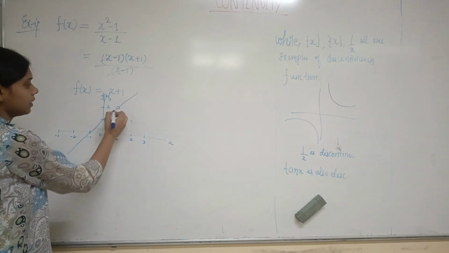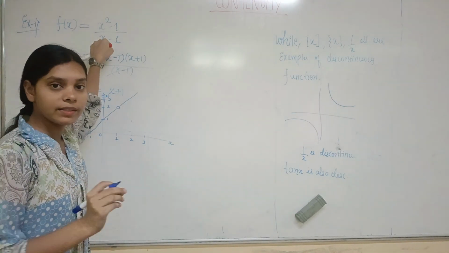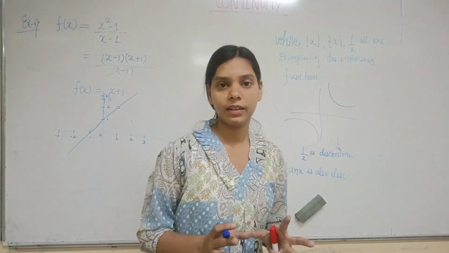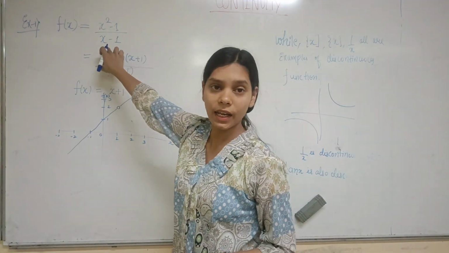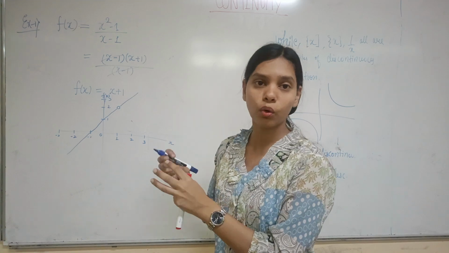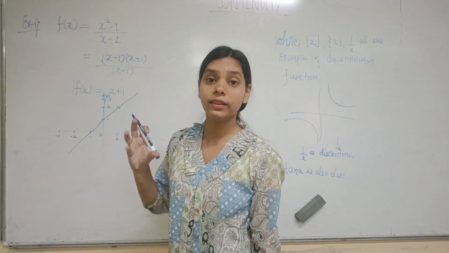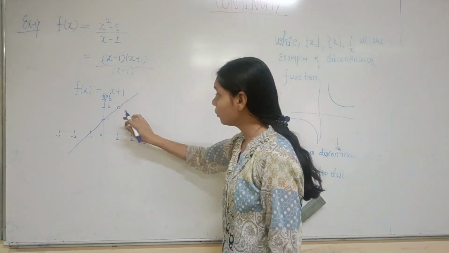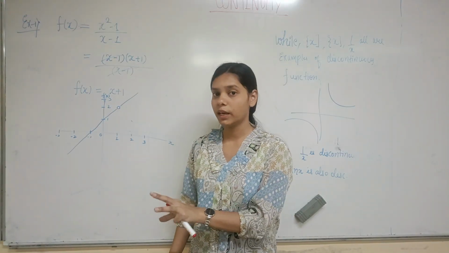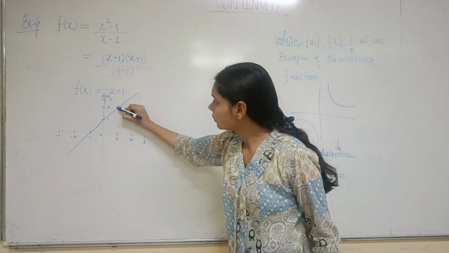Why have we put this here? Because you can see that if we put the value x equal to 1 in the function, the given function is undefined, right? It means the point x equal to 1 is not in the domain of the function, isn't it? So the discontinuity occurs because x equal to 1 is not in the domain, and at x equal to 1 there is a gap in the graph.